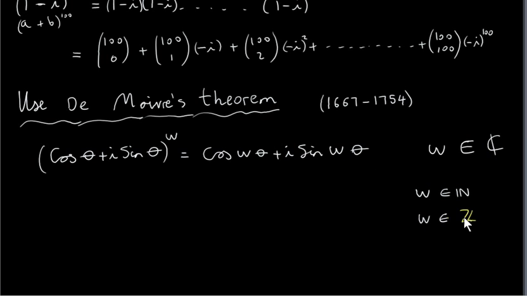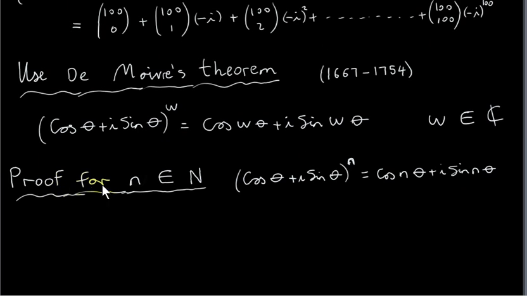The set of all integers is denoted by the letter Z. Or any rational number, where a rational number is a fraction a over b where both a and b are integers. So we'll prove it for all these situations here. I won't prove it for any complex number, but it's actually true. W itself could be any complex number.